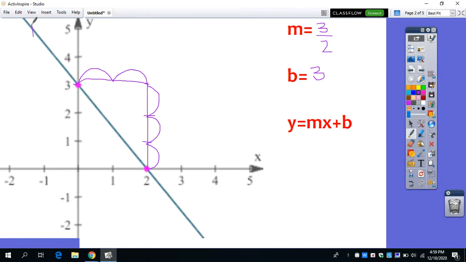Negative, because it's facing towards the left. And I'm going to plug it into my equation. So I have y equals negative 3 over 2x plus 3, because b is a positive 3. And this is my answer.